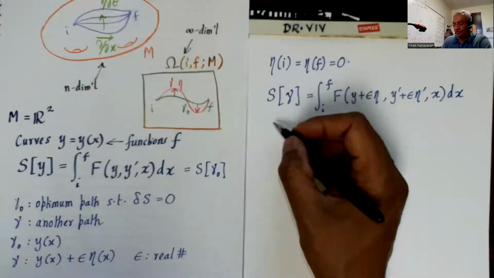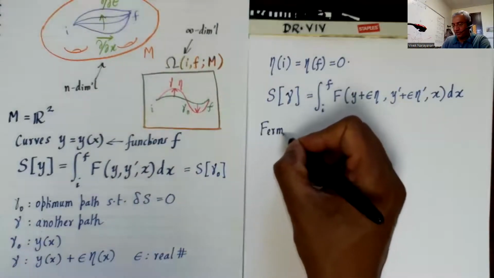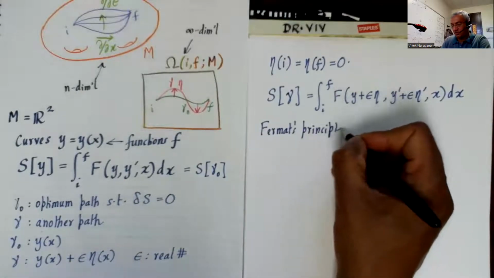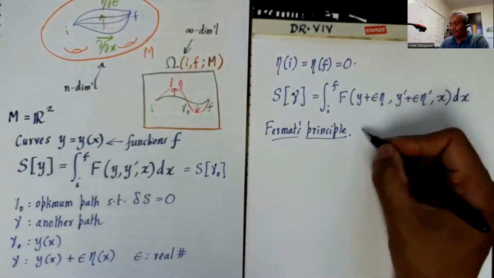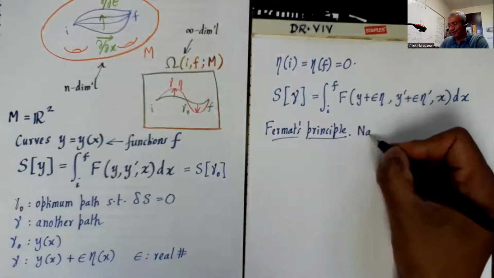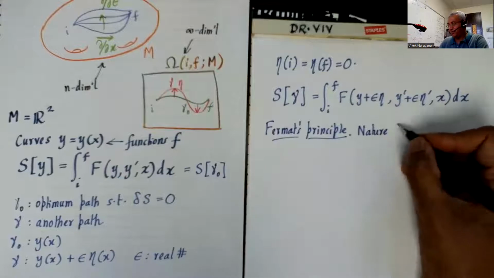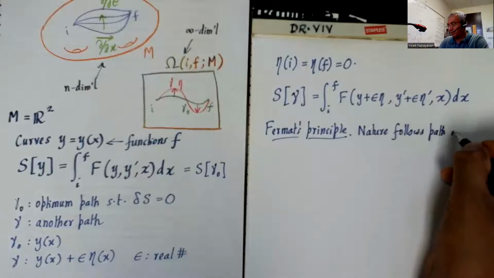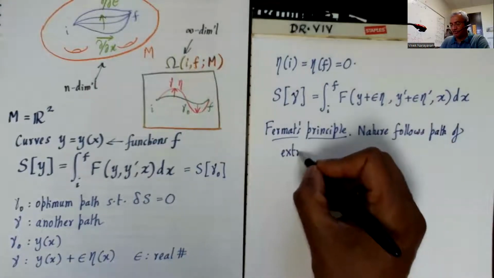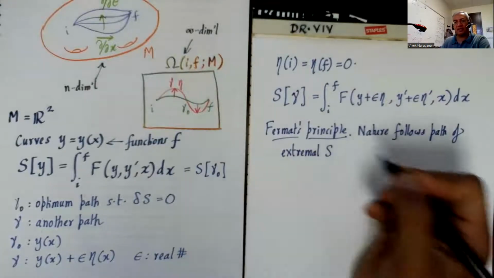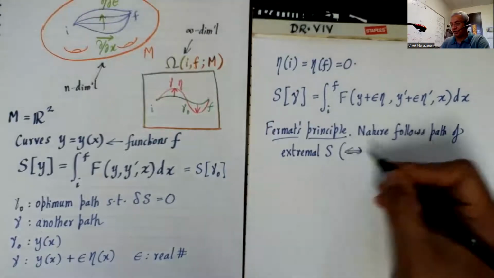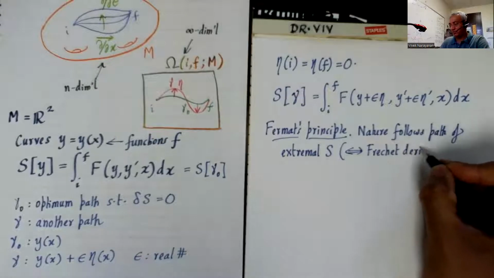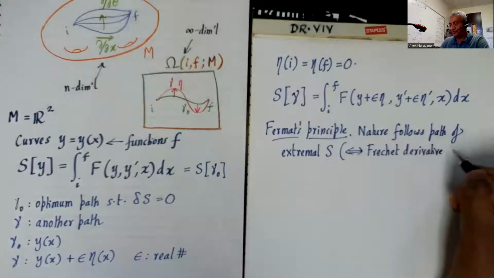Okay, so now we'll use Fermat's principle. Fermat said nature follows the path of extremal S. In our language, it means the Frechet derivative is zero.